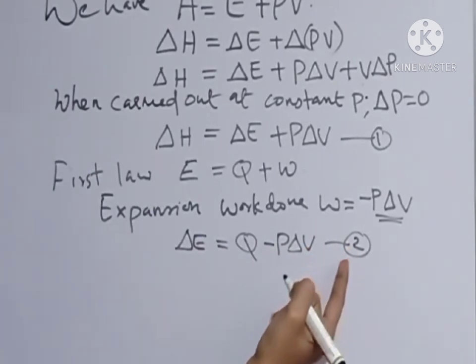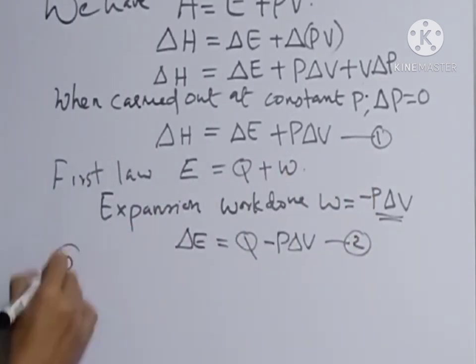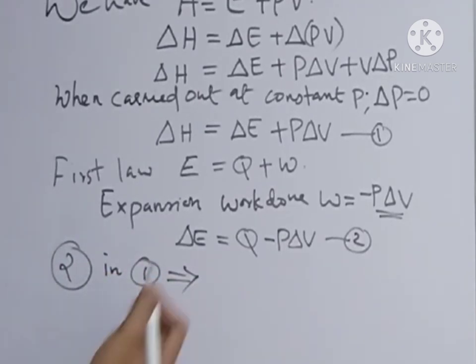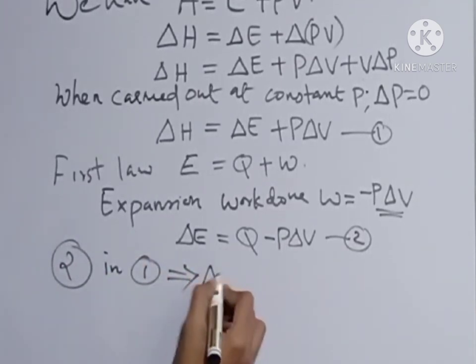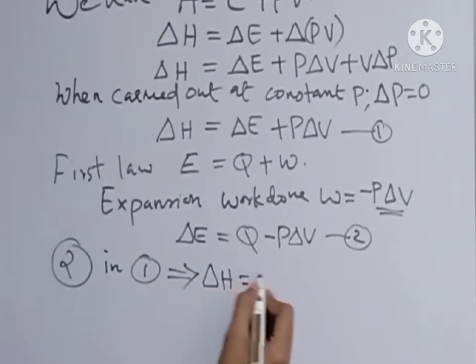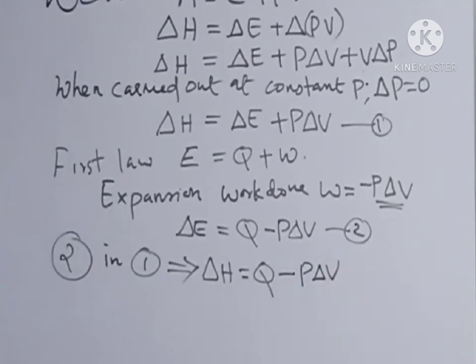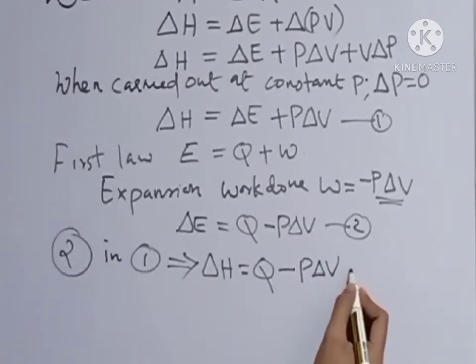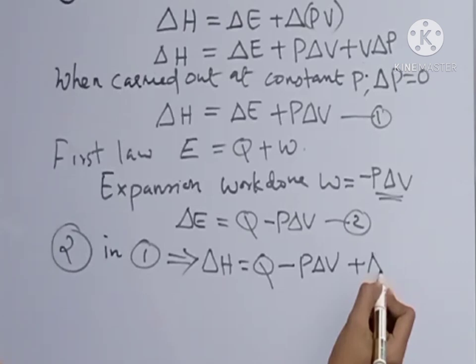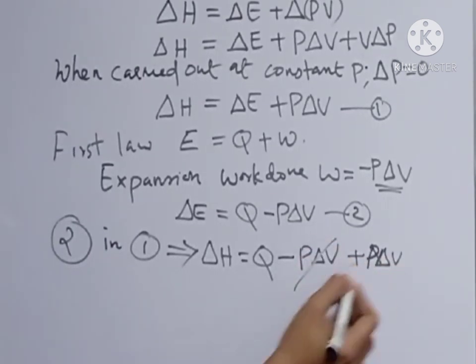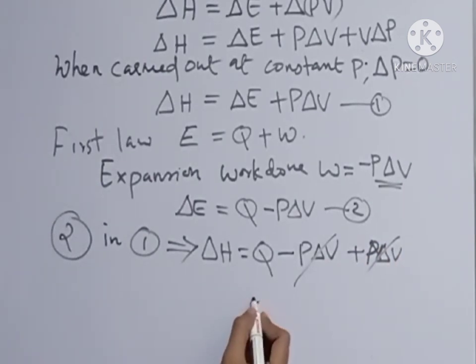We can apply equation 2 in equation 1. When 2 in 1 implies, we'll get delta H equal to Q minus P delta V plus P delta V, and this P delta V and P delta V will be cancelled out.